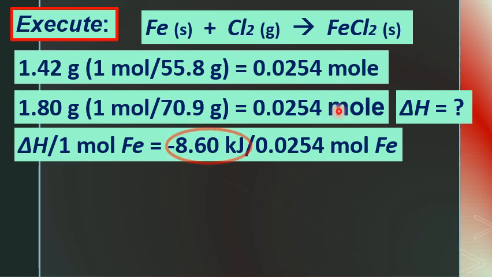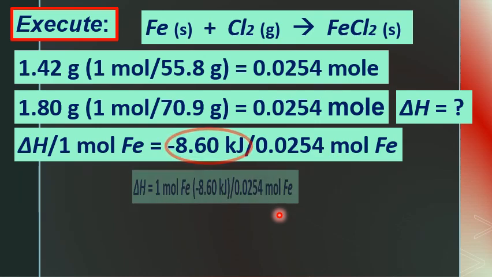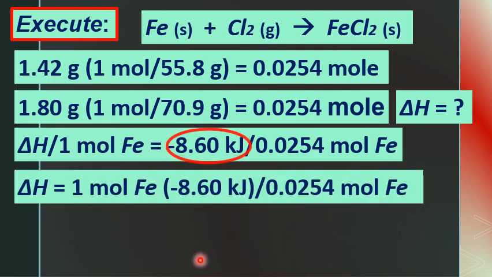So, solving for delta H, we just multiply 1 mole of iron by negative 8.60 kilojoules divided by 0.0254 moles of iron.